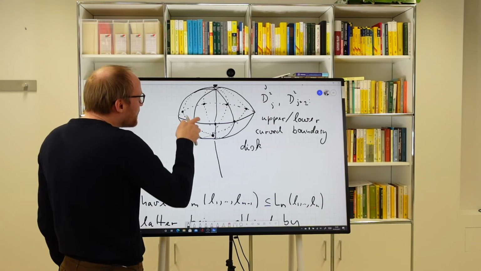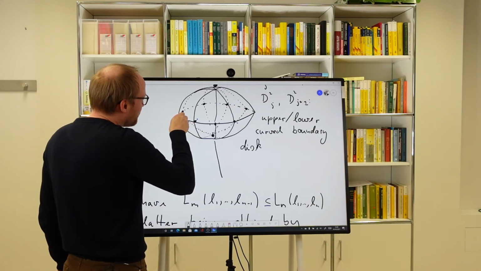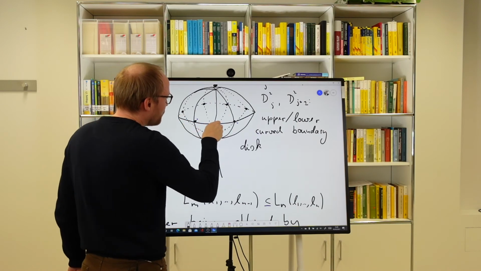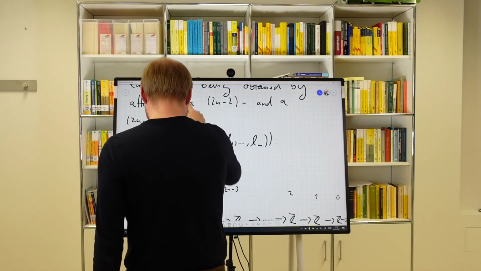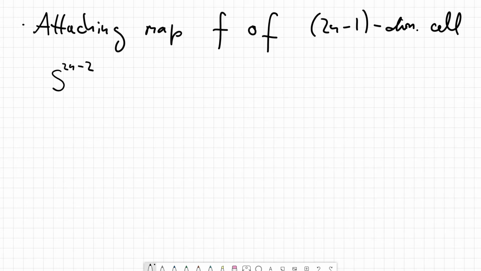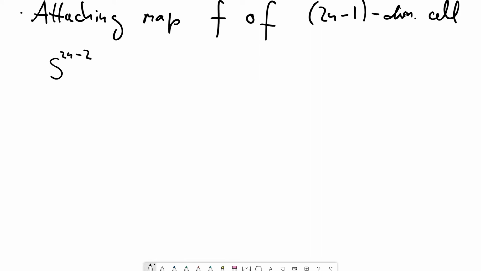So the 2n-3 skeleton, in which this sphere lies, is collapsed to a point in this map defining the incidence number. And therefore, this map factors through a one-point union of two such spheres, which I obtain just by collapsing the equator of my 2n-2 dimensional sphere.